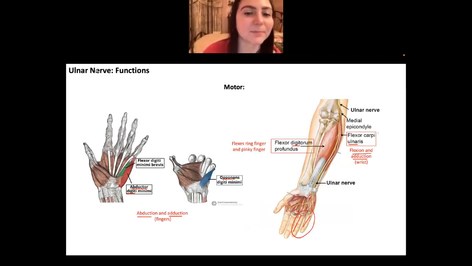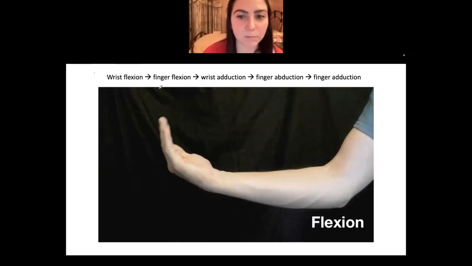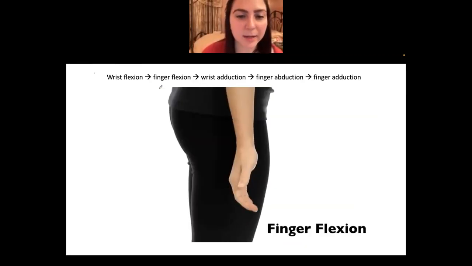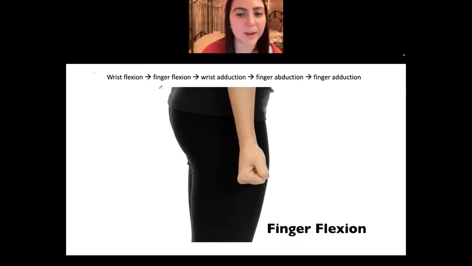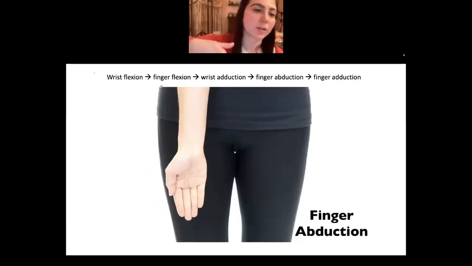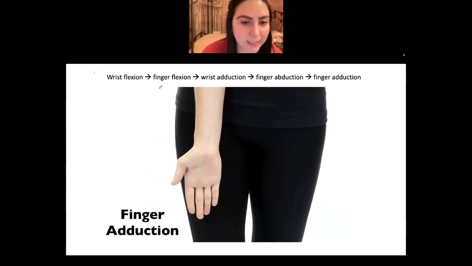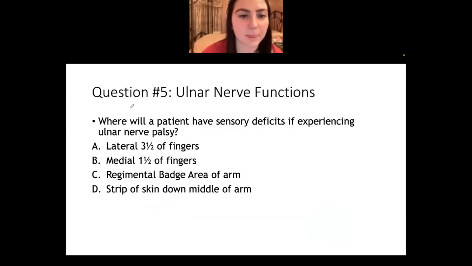Remember, it's going to flex the pinky finger and the ring finger specifically, but it does abduction and adduction of all the fingers. It's not just the ring finger and the pinky finger. So again, wrist flexion, finger flexion, but pinky finger and ring finger. Wrist adduction, so closer to the body. Finger abduction, and then finger adduction, all 5 fingers.